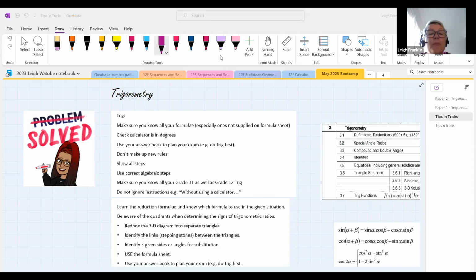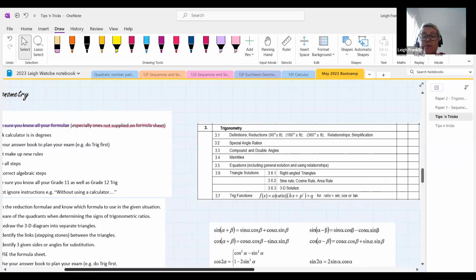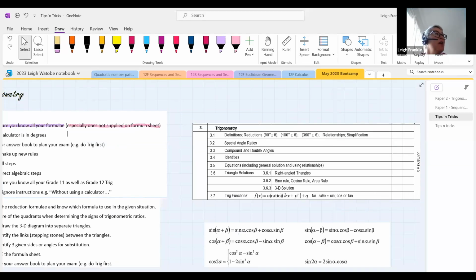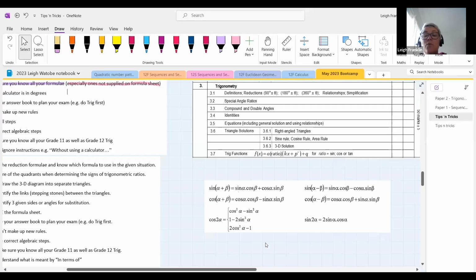The first little bit of information that I want to give you is to make sure you know all your formulae, especially the ones that are not supplied on your formula sheet. So which ones are supplied on your formula sheet? I haven't included the sine rule, the cosine rule, and the area rule, but these are the ones that are provided.